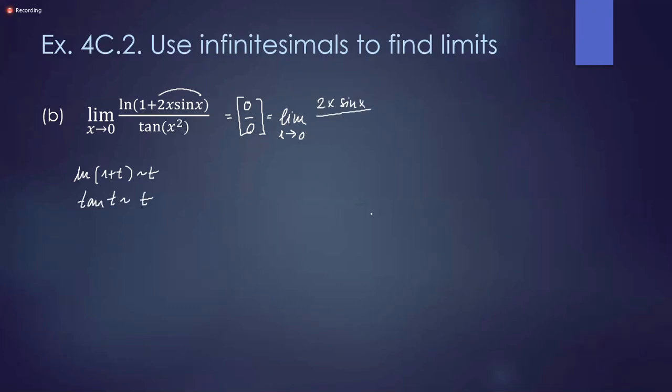So now we can very easily cancel out x. So we have 2 times the limit of sine x divided by x when x tends to 0. This is a standard limit. No need to substitute anything at all. This is 1. So it's 2 times 1, actually equal to 2. It's not plus, it's not minus, it's times.